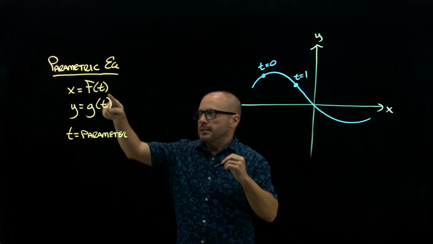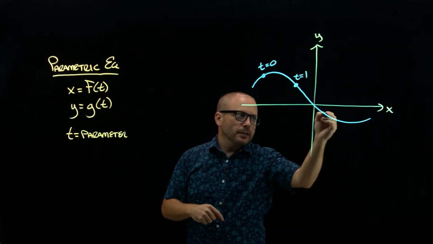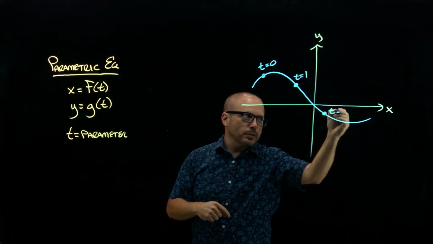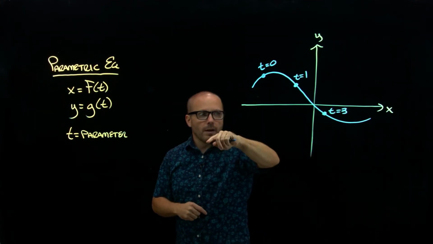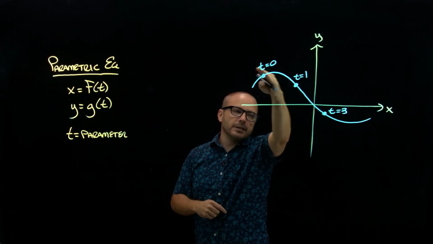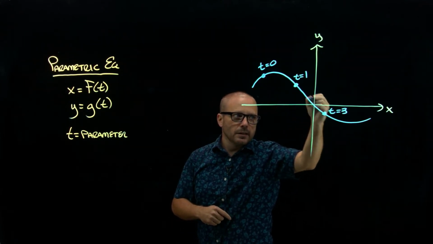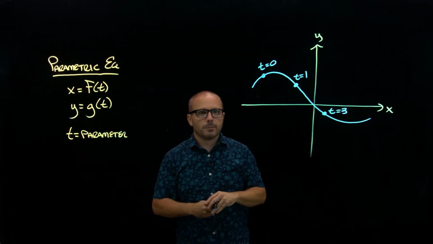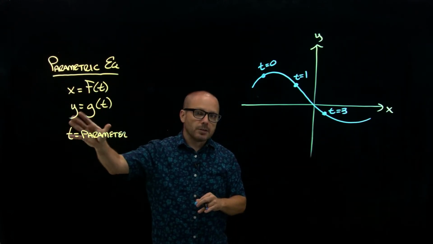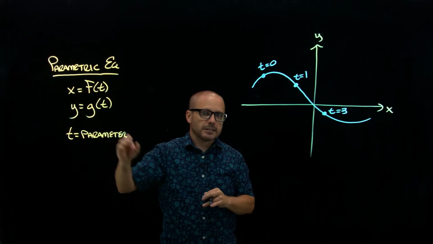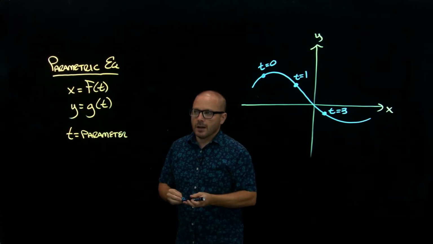And when we plug in t equal 2, we generate an x and a y that puts us right here. And so now what we'll get with all of our t values is not only the path of the object, but we know exactly when the object is at each location along the path, which then will allow us to do things like calculate velocity and acceleration and such.